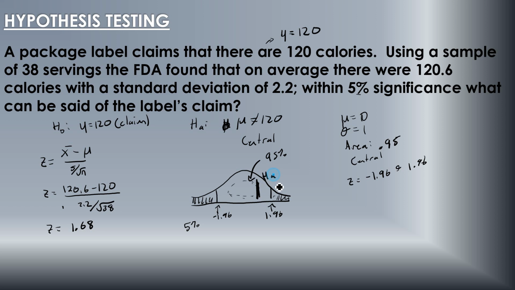So HA is outside the critical region. So since HA is outside of the critical region, we would reject the HA. So HA is rejected, which means this is okay, at least as far as the evidence is concerned. So we would say the evidence supports the claim.